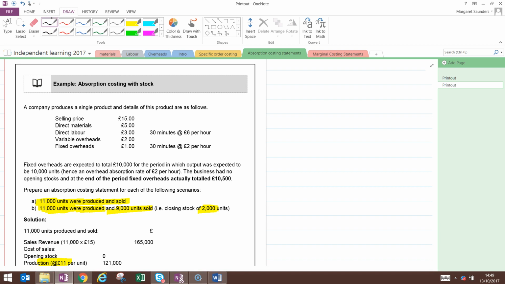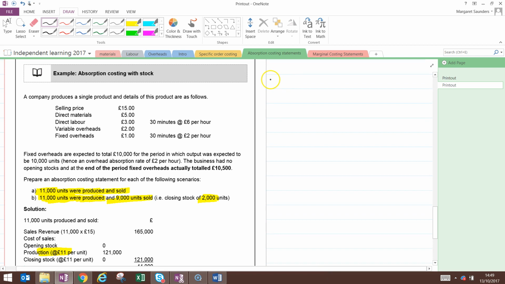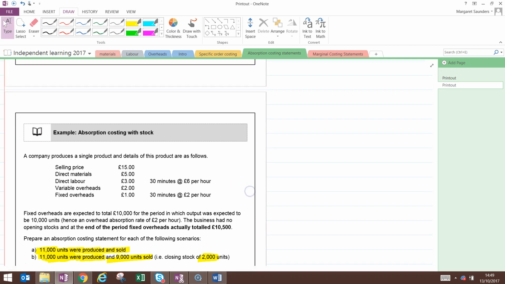Now the first thing to do is to look at the production cost. So how much is it costing to produce 1 unit? So we're using absorption costing.